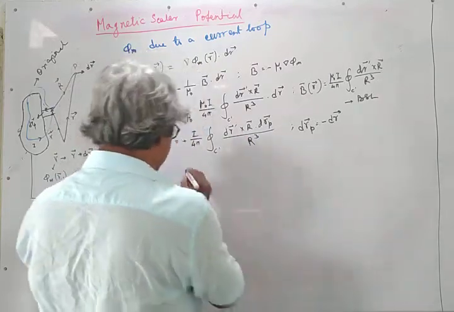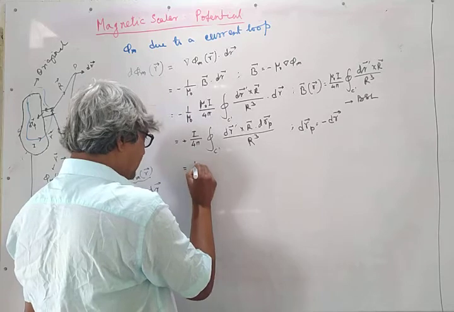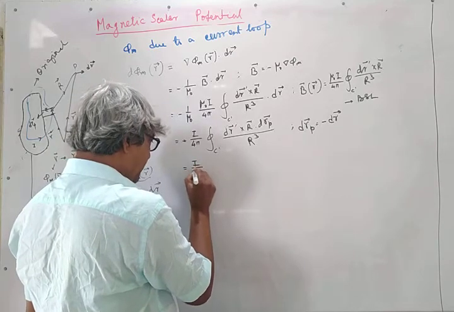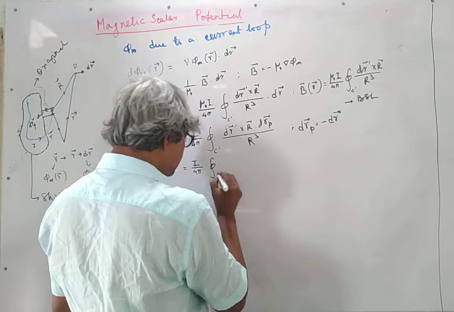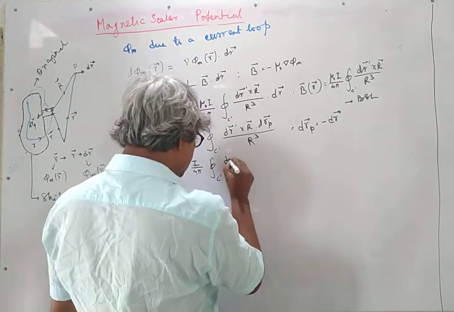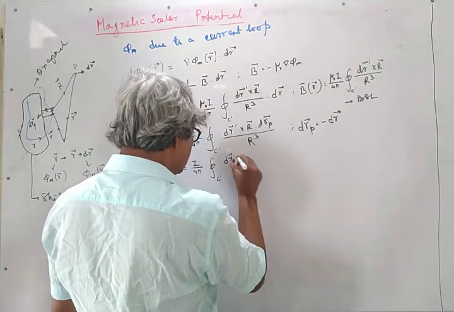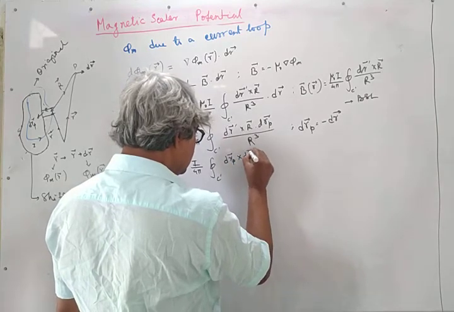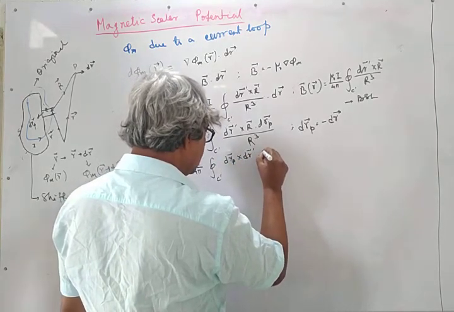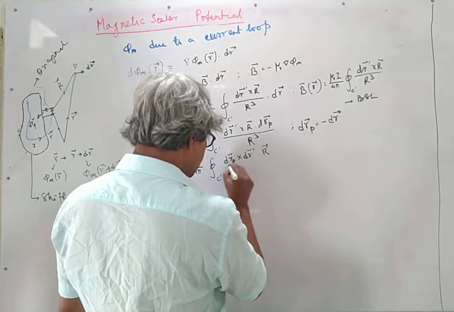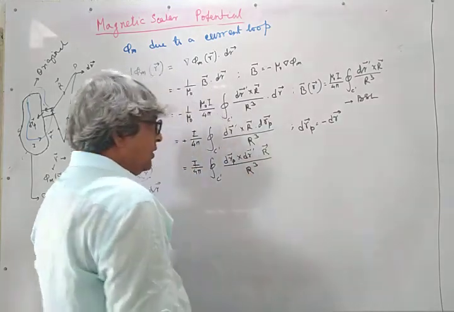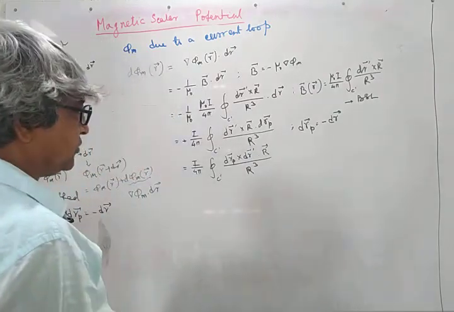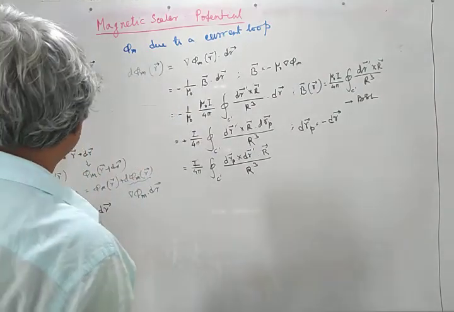We suitably interchange the order like this: I upon 4 pi. We have made two interchanges, so the sign remains the same.